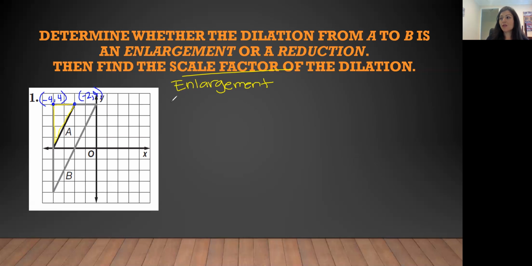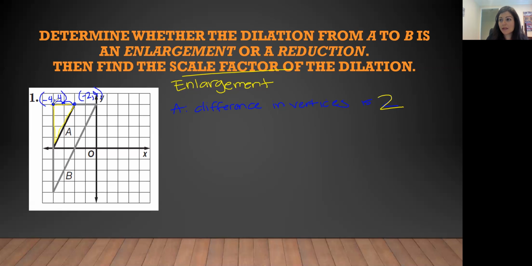I can see that the distance between those 2 points is 2 spaces. So for A, the difference in the vertices is 2. I don't know if you can see that. It's 2.